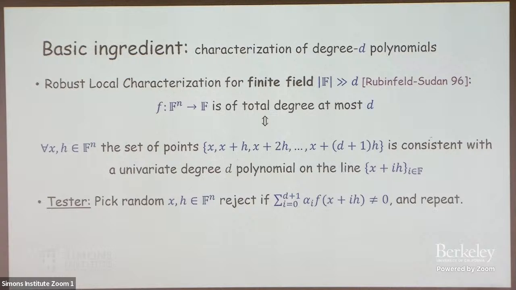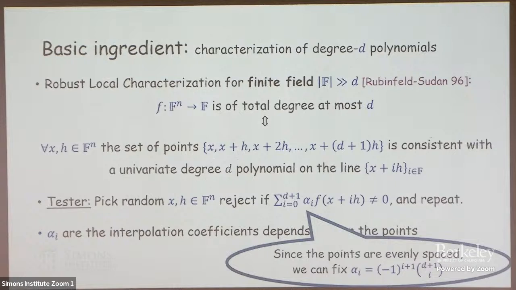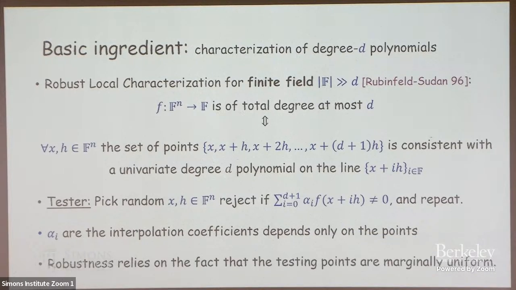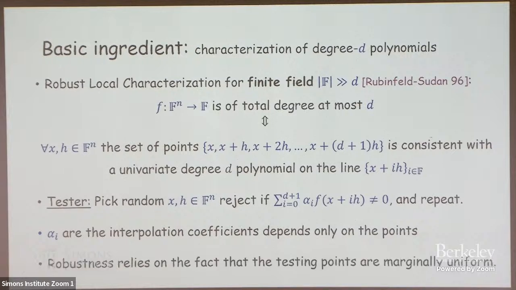You can think about it like finite differences, or the degree d derivative that should be 0, whatever helps you. And the alpha i's here are just interpolation constants; if we take evenly spaced points, we have the formula. Just before I go on, any questions? Okay, the proof of the robustness relies heavily on the different points in the set being marginally distributed as uniform points.